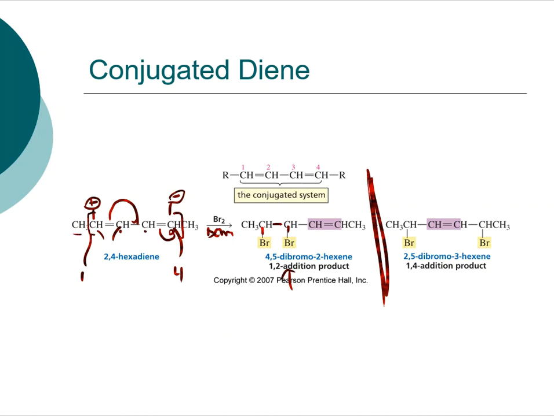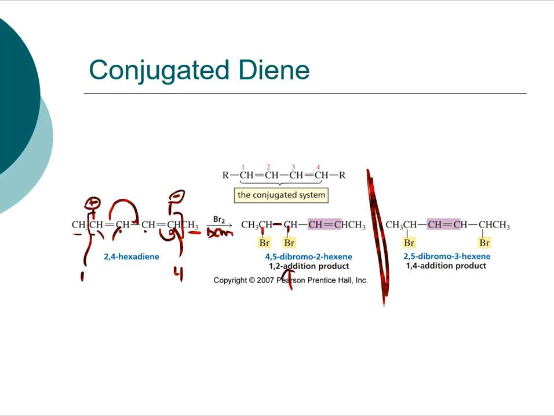Notice it's not the actual number of carbons. The actual number of carbons in that system is carbon 2, 3, 4, and 5. That is not what 1,2 and 1,4 stands for. 1,2 and 1,4 only looks at that delocalized bracket. They could care less what else is outside of that bracket.